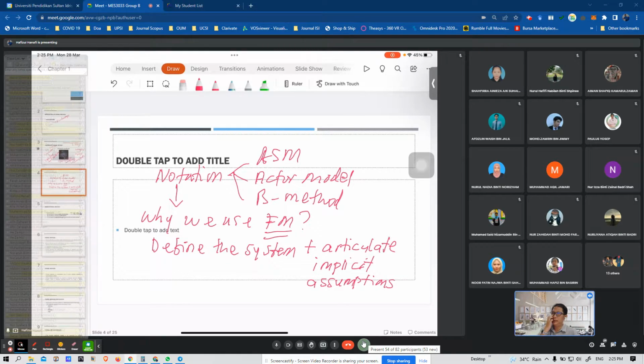Okay, so far ada soalan ke tentang formal method ni? Okay, and then after we define the system and articulate the implicit assumptions, we want to use formal logic to write the specification.